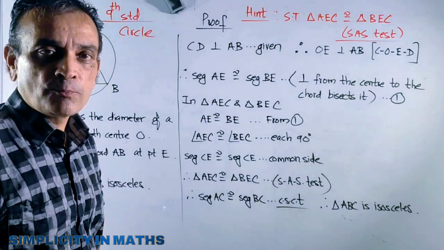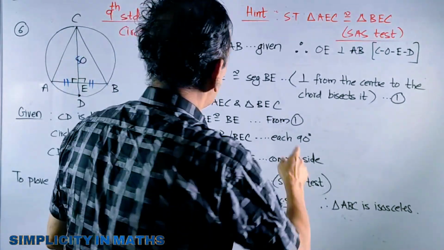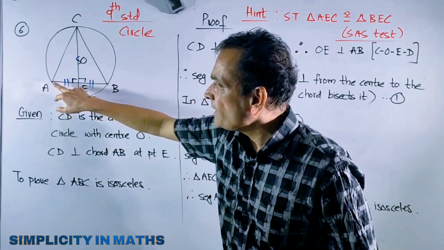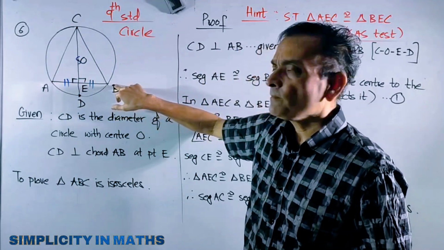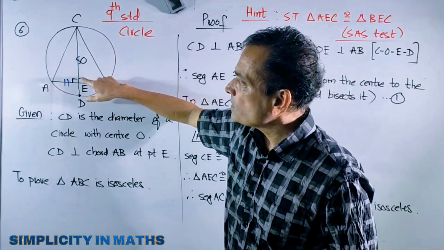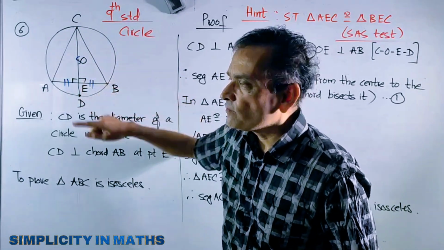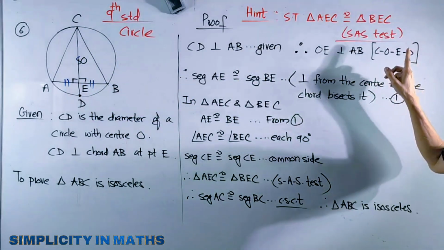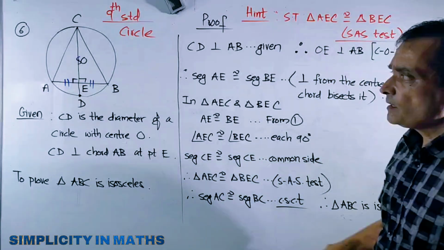Now let us see the actual proof. First, I start by perpendicular. CD perpendicular to AB. OE is also perpendicular to AB, because ये सब एक लाइन में है. C, O, E, D. Right?